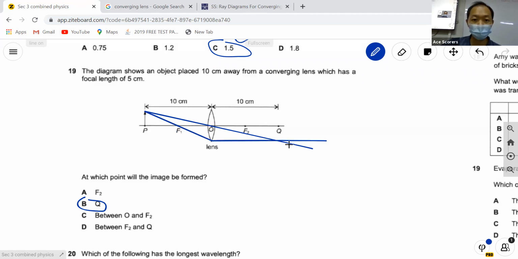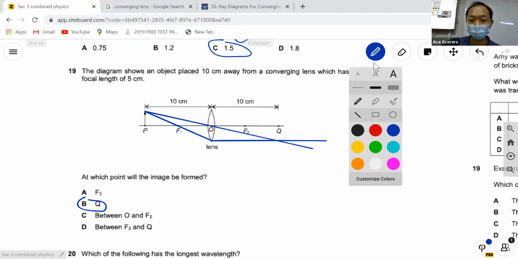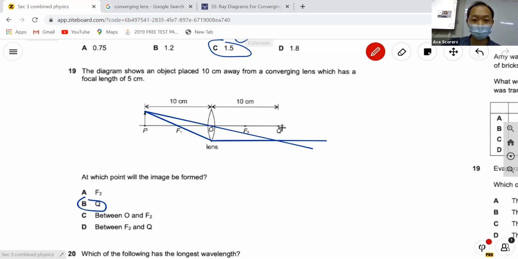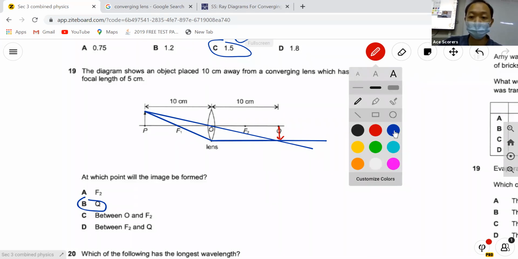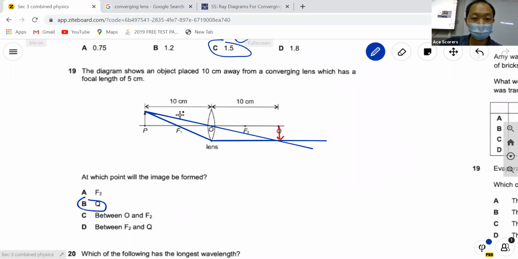You can see that where they converge is here. I can't draw straight. So this is where the image will be, at point Q, because of the converging lens and how the light rays behave. Even the one at the top, I have to draw one line here, horizontal, passing through F. You see they will all converge at point Q.